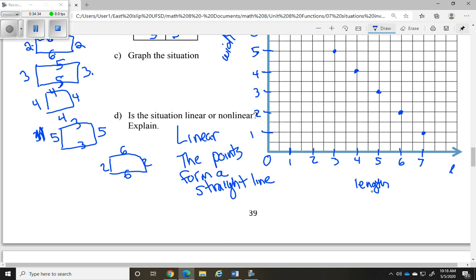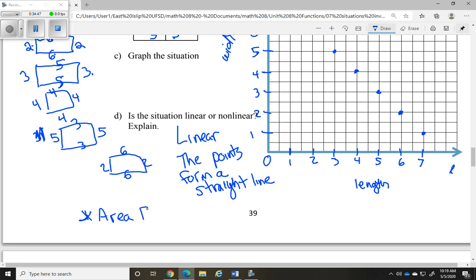So there's one statement I actually want to make, that area formulas always turn out to be nonlinear.